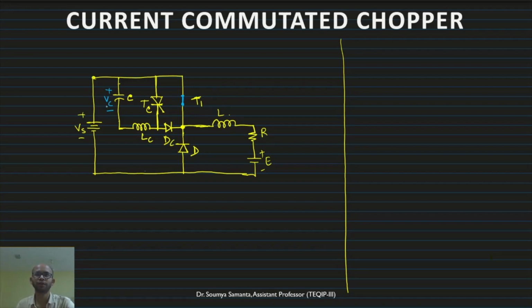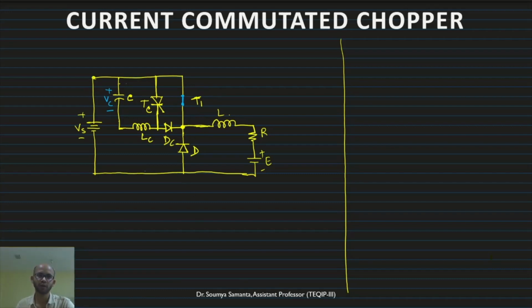If I say step 0, that means before circuit operation, step 0 is that Vc will be charged with this polarity. At that time we are considering this is the IC direction, the positive direction of the capacitor current. And in step 1, this thyristor T1 is turned on.